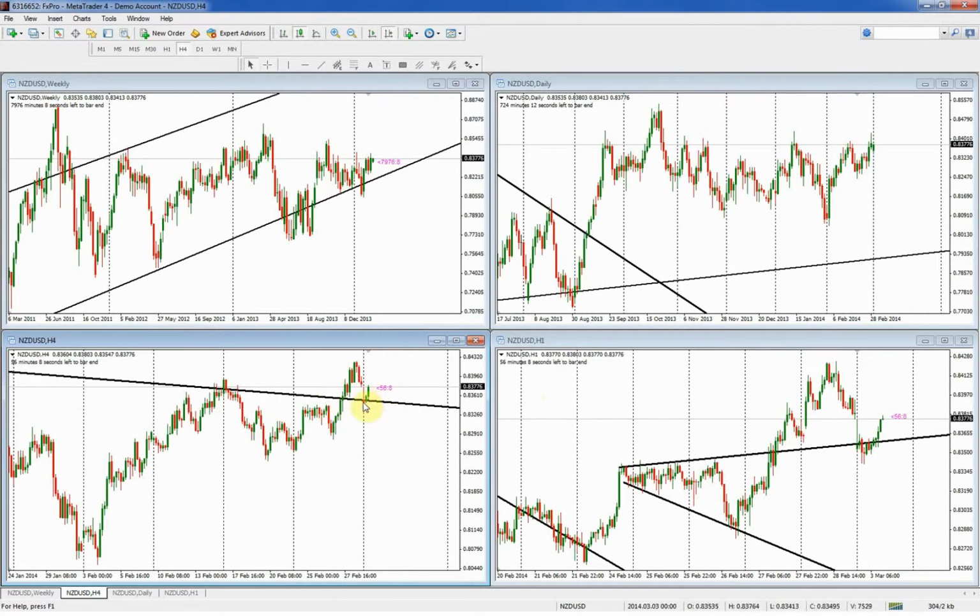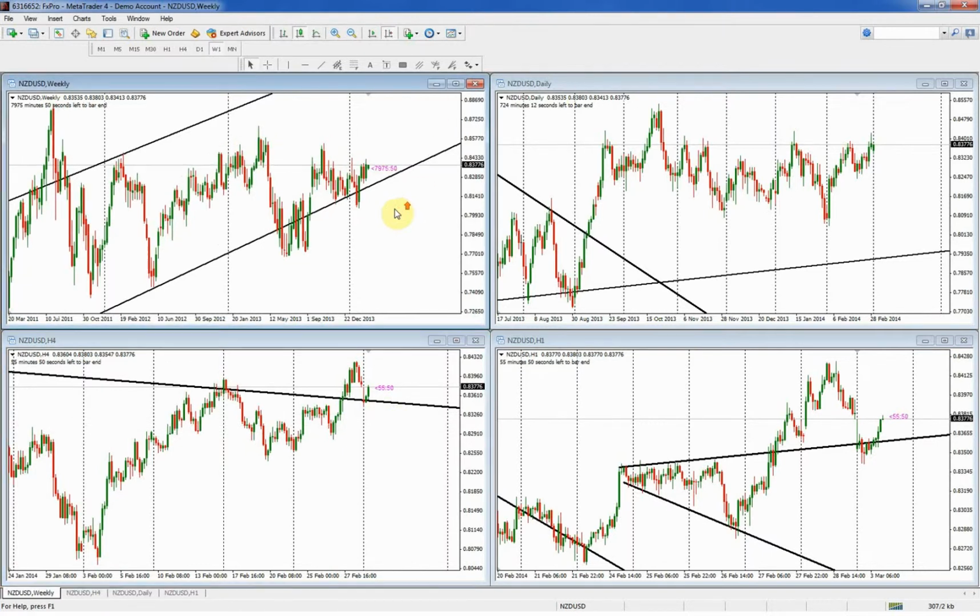So 83.40 is a key level right here. 83.50, and the support extends 83.40, 83.50. That's the zone that needs to break to suggest that this will be pushing back lower.